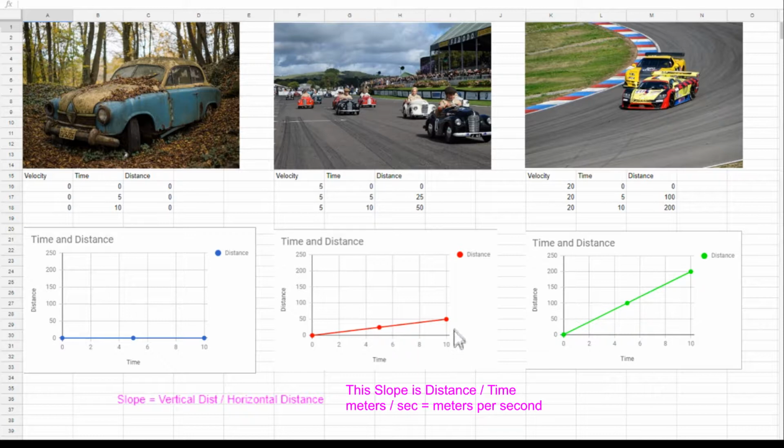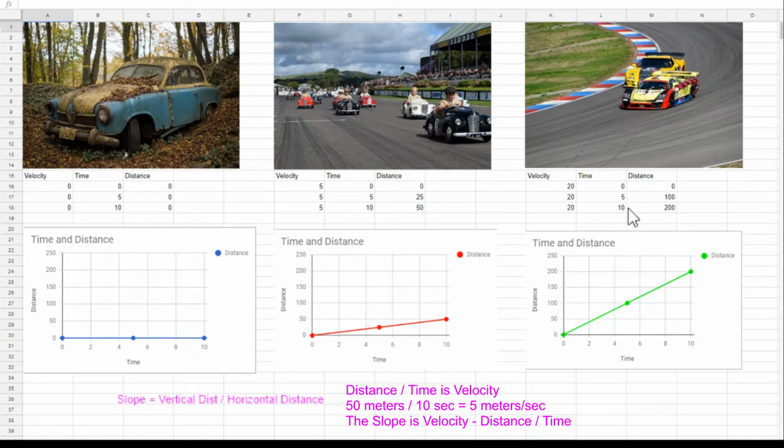Well, meters per second is velocity, and that's what's going on here. The velocity is 5 meters per second, which is 50 meters divided by 10 seconds. So the slope for this chart is actually the velocity.